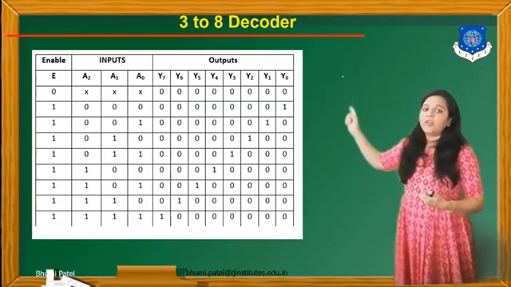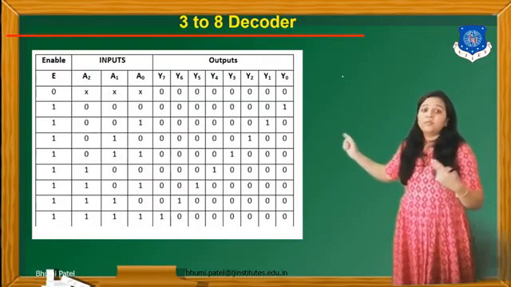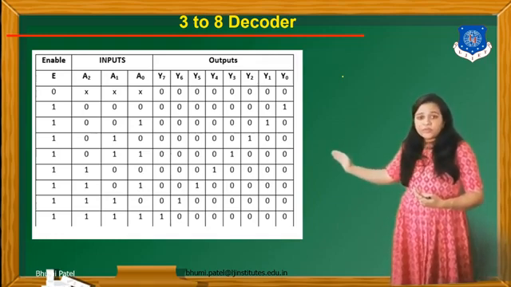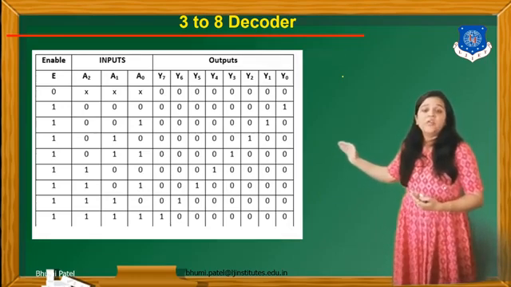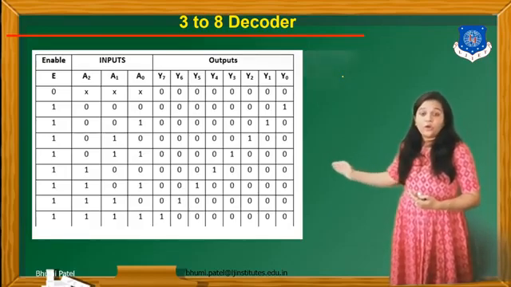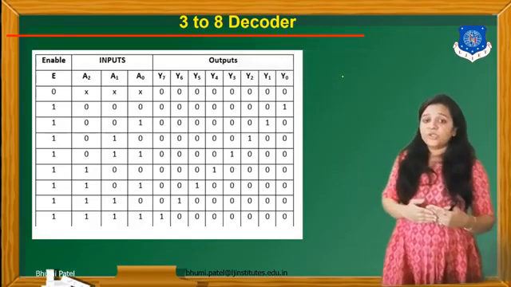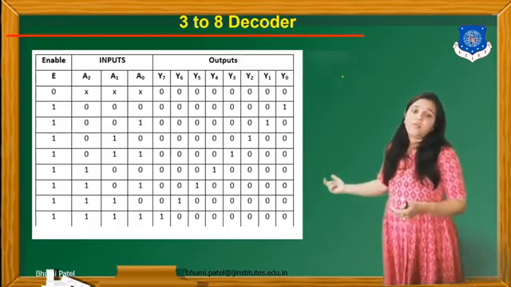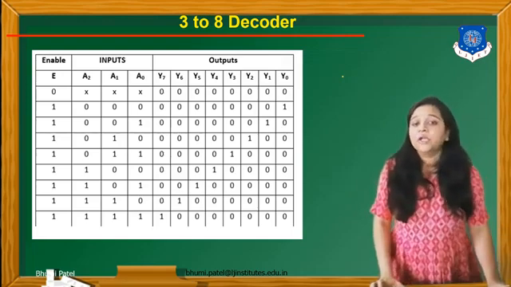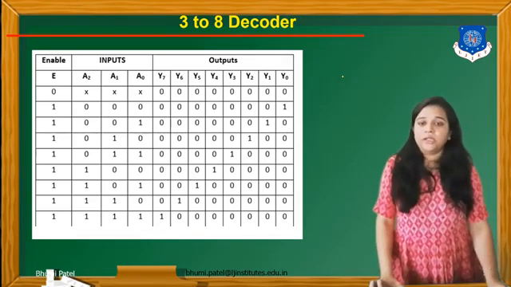The next Y1 will be on, then Y2 will be on, Y3 will be on, Y4 will be on, Y5 will be on, Y6 will be on, and if all the inputs are high, we get Y7 in the on condition.